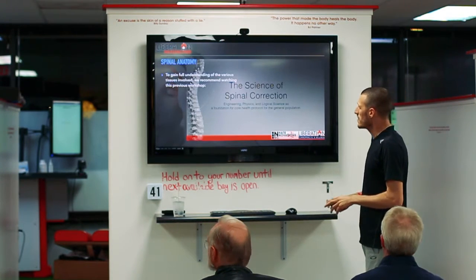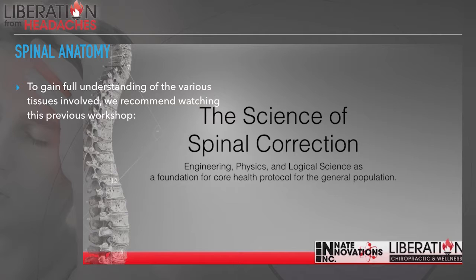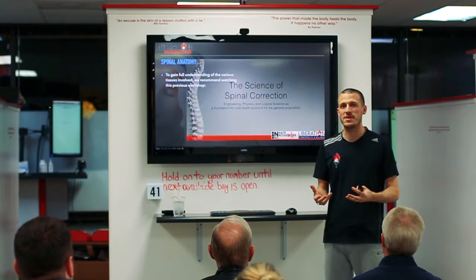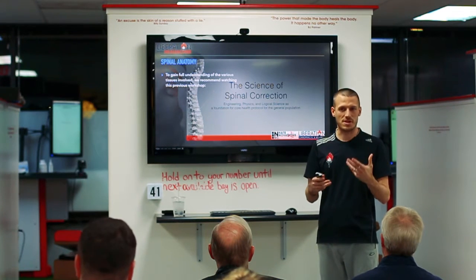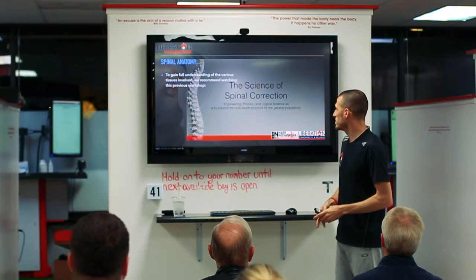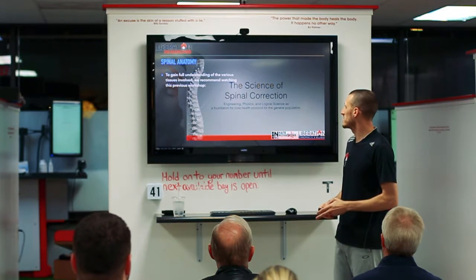So first thing, in terms of spinal anatomy, again, I start off each one of the liberation from workshops with this point: if you want to understand the full spinal anatomy and how all of this comes into play, I really encourage you to go back and watch the workshop, The Science of Spinal Correction.